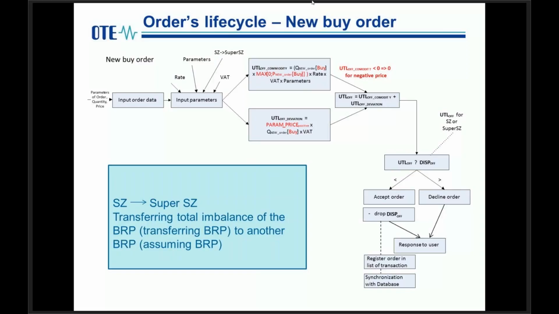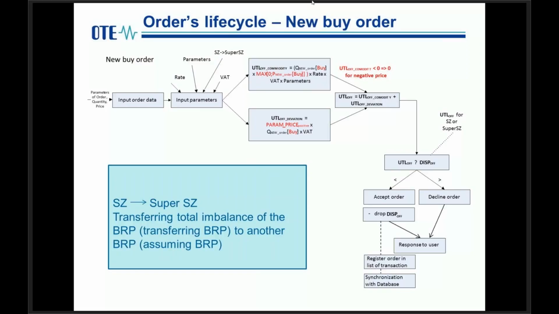Utilization of commodity is calculated for the participant giving the order, and imbalance utilization is calculated for the participant sending the order if they send the orders further on.